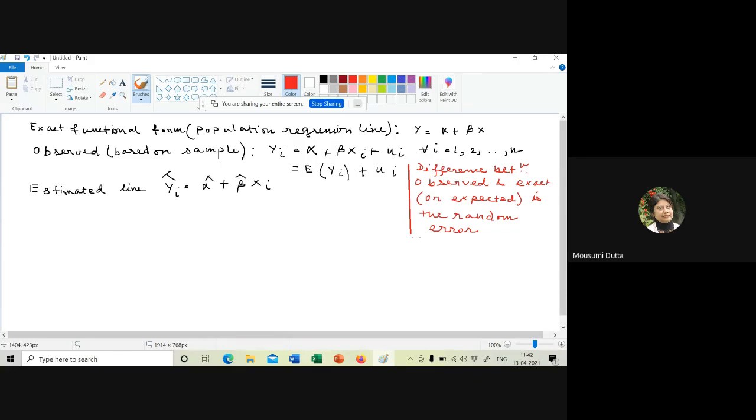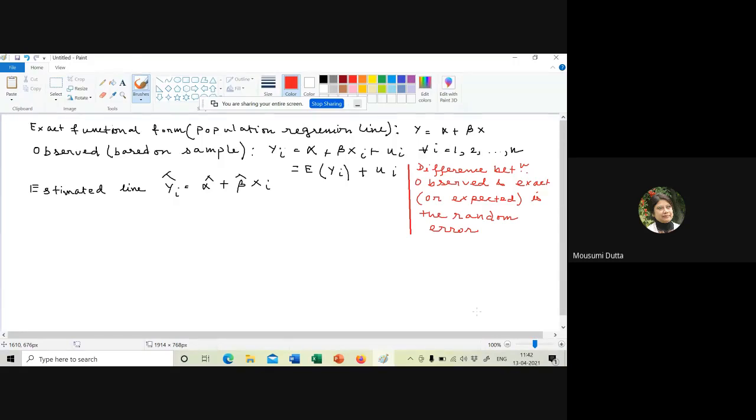So, this equation can be also rewritten as expectation of yi plus ui. Actually, expectation of yi is the population thing. On the basis of the sample, we can expect the value we have in our population. So expectation of yi, which is alpha plus beta xi, is nothing but the population part. So the sample based regression model can be presented as population regression plus the error component.